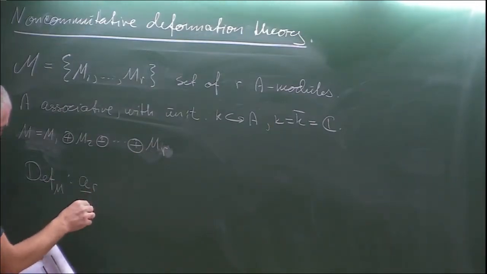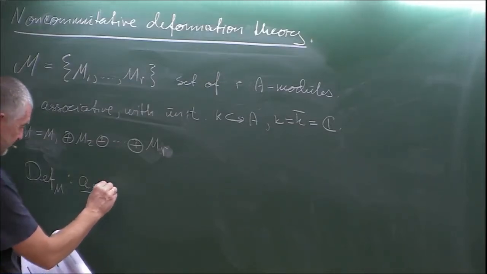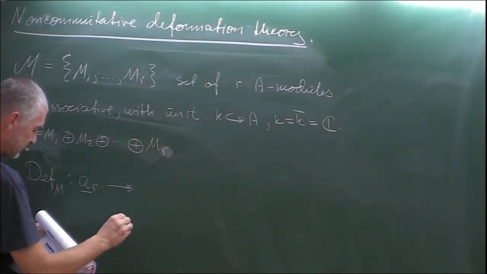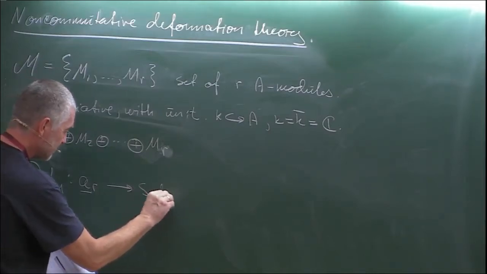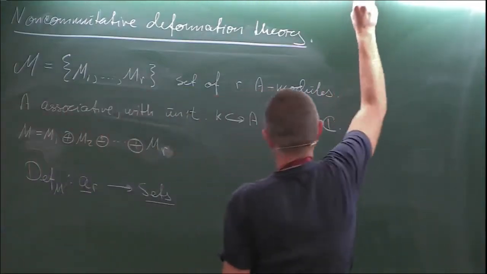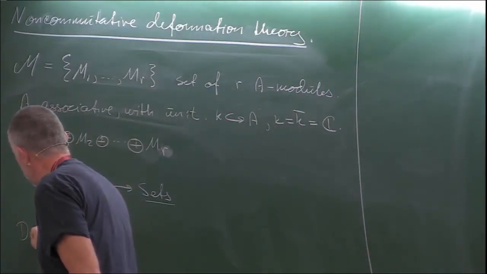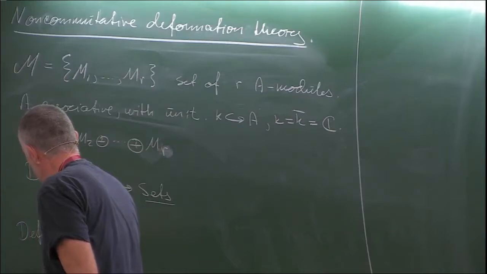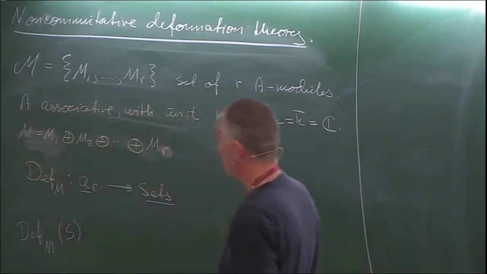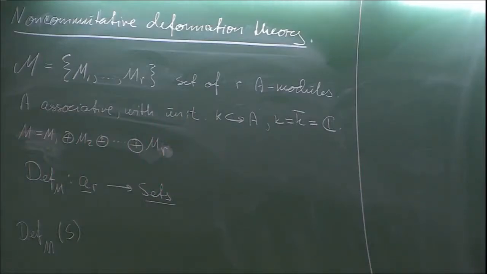That's why I use AR, into, well, it has to be sets, simple and easy, the category Sets. And it's given by the following. Okay, so it will look like the other one. Def M of S, where now S is the k-to-the-r algebra in the category AR.